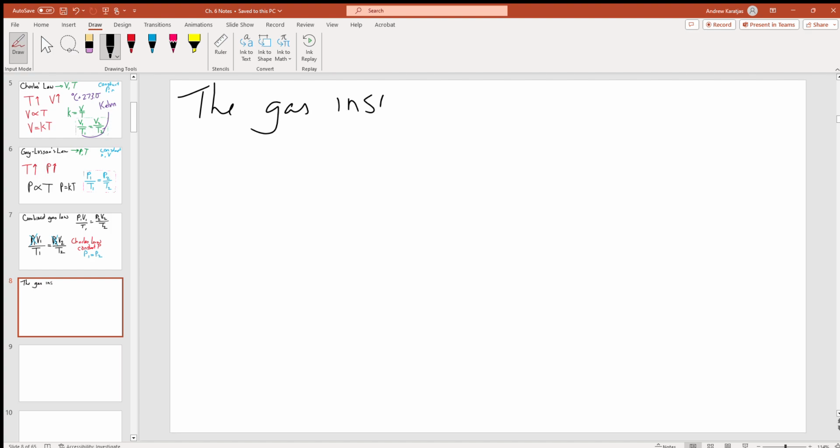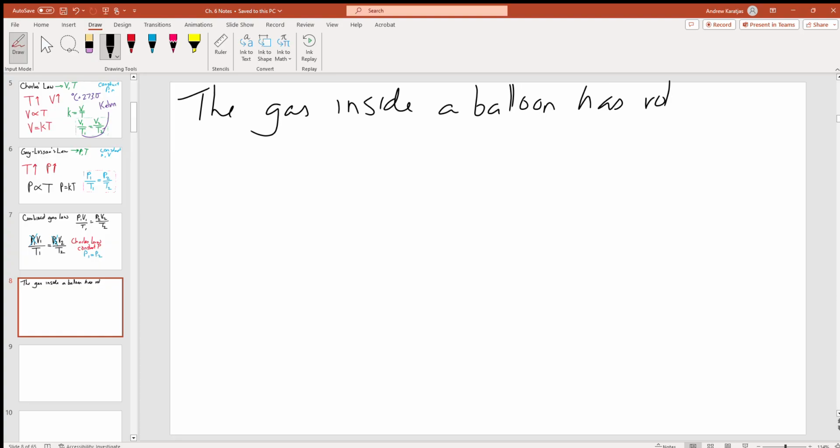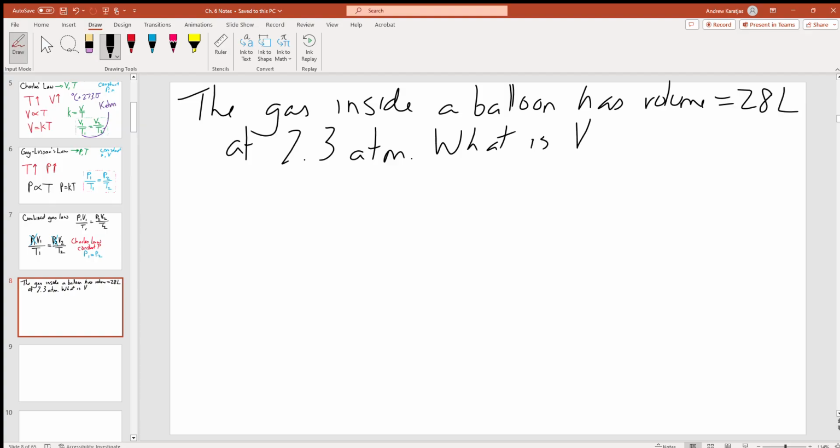So our first problem says the gas inside a balloon has volume of 28 liters. And that's at a pressure of 2.3 atmospheres. What is the volume at 1 atmosphere?